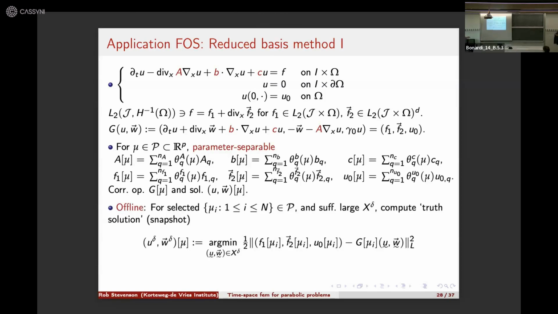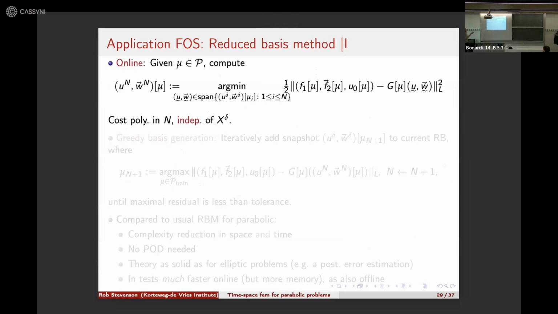And what we do for selected values of the parameters, we compute for a sufficiently large trial space a virtually exact solution. This is known as the truth solution in reduced basis methods terminology, or they are called snapshots. So for several parameters mu, we compute the exact solution, so to speak. And then online, this is the online phase, given any parameter value, we compute the best approximation, or we minimize the residual over the span of the snapshots.